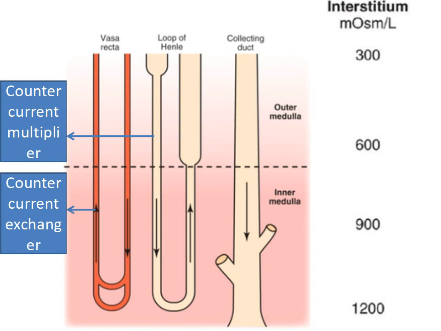This increased osmolarity of the interstitium is produced by the counter current multiplier and maintained by the counter current exchanger. So the counter current system is important for concentration of urine, but the concentration is not occurring in the loop of Henle or vasa recta; it occurs in the collecting duct.